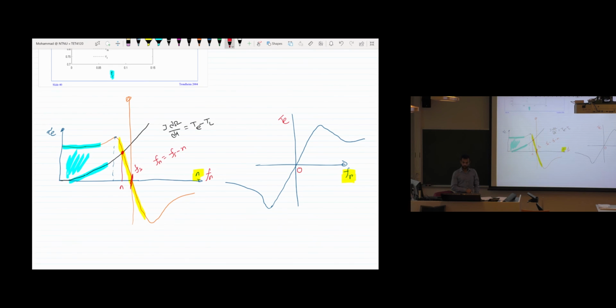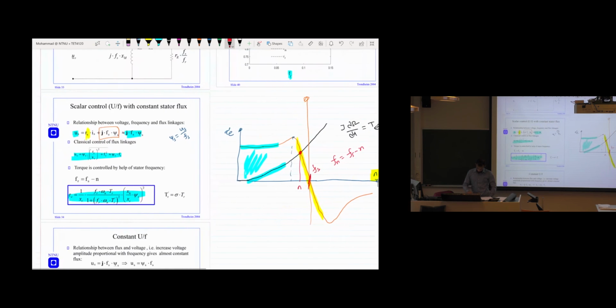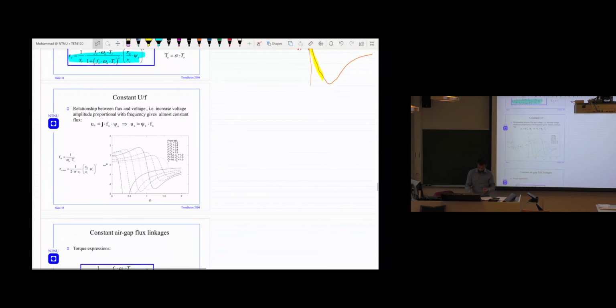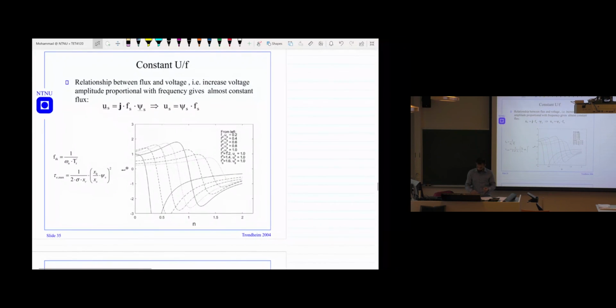This is for stator flux constant. So when we start the machine, we don't put all the voltage at a time from the converter, we slowly increase the voltage from the converter. Since we want to keep the stator flux constant, we try to increase it slowly.